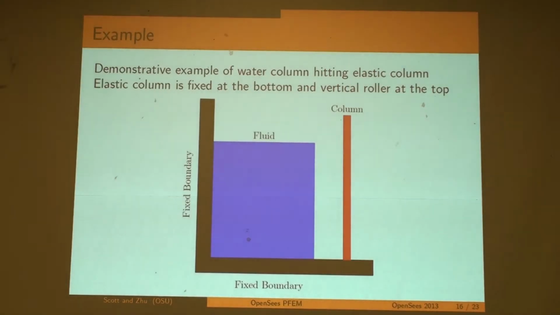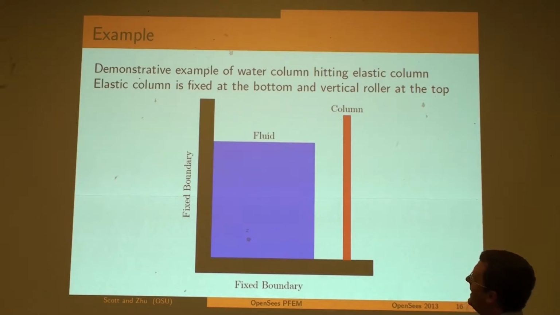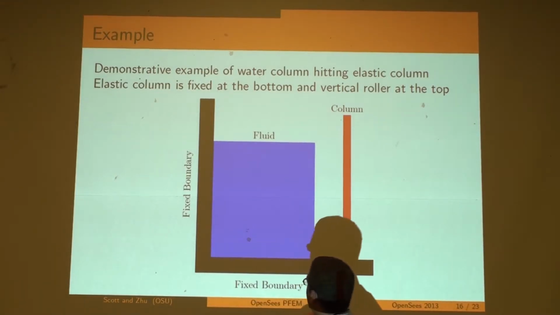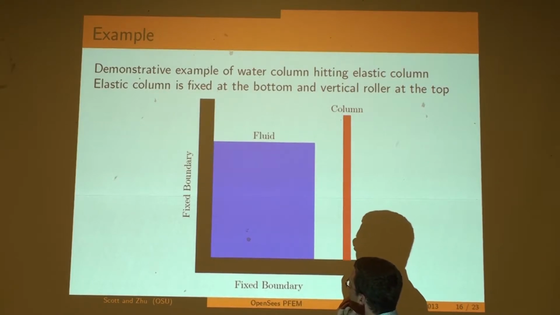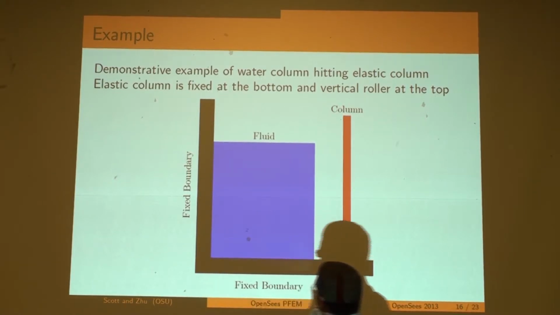Okay, so an example kind of made up the other day, but it kind of demonstrates what can happen. So we have a fixed boundary on the left and a fixed boundary on the bottom, okay? And kind of a column of water, a column of fluid here, right, which is in a nice rectangle here.